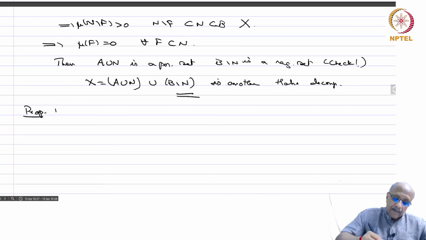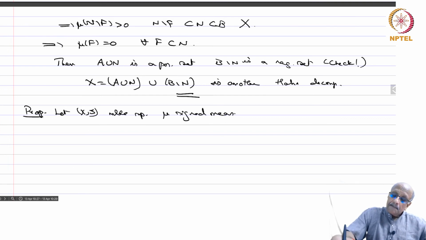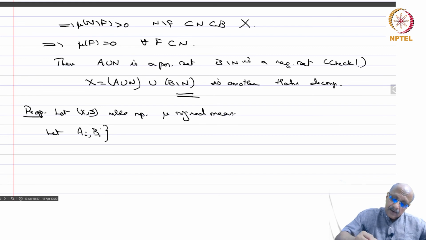So let X, S be a measurable space and mu a signed measure. Let A_i, B_i, i equals 1, 2, be two Hahn decompositions.